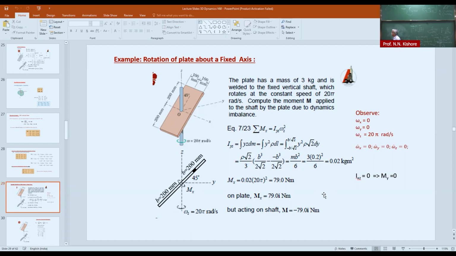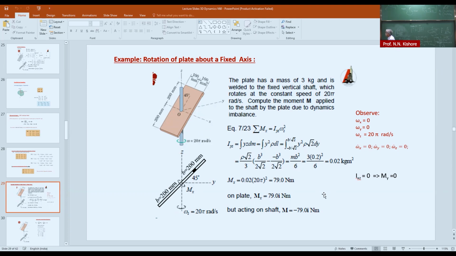You can do that little bit of integration, and then Iyz turns out to be 0.02 kg m². If you substitute omega z as 25, then you get Mx as 79 Newton meters.